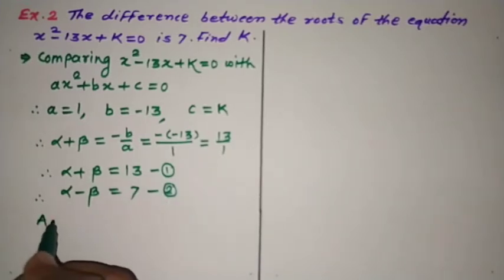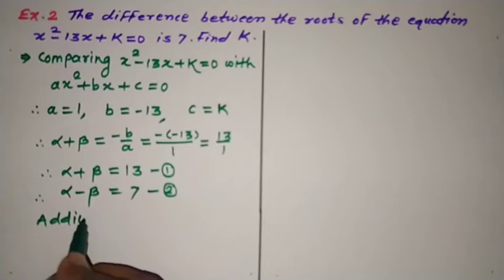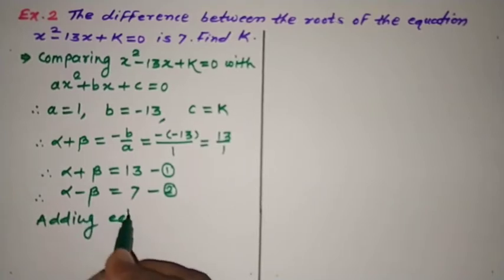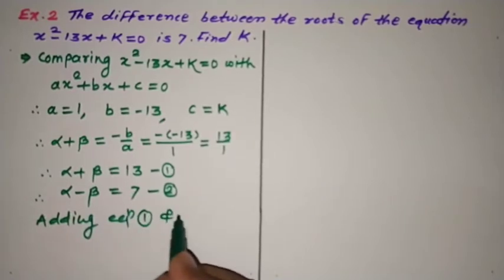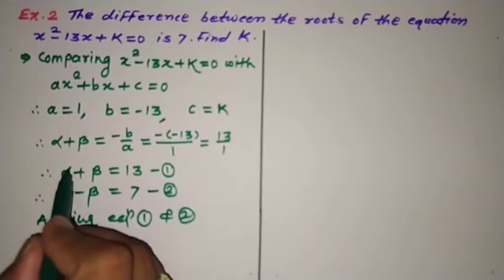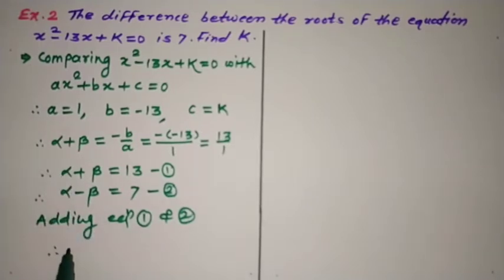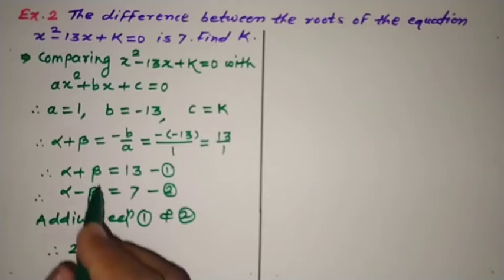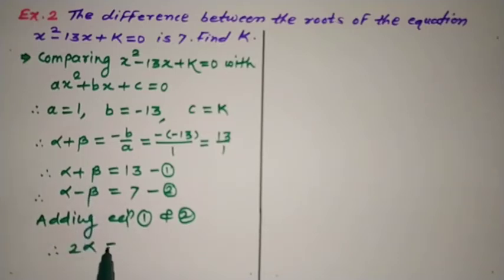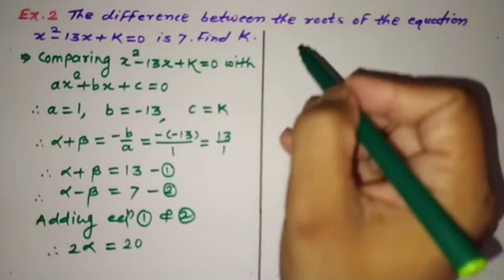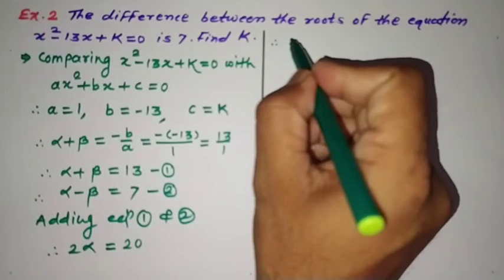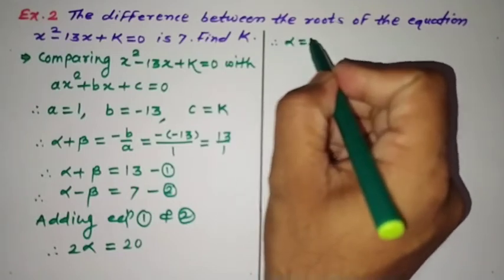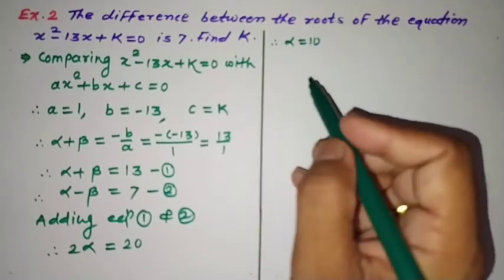Adding equations 1 and 2, alpha plus alpha is 2 alpha, beta and beta eliminating, 13 plus 7 is equal to 20. Therefore, alpha is equal to 10.